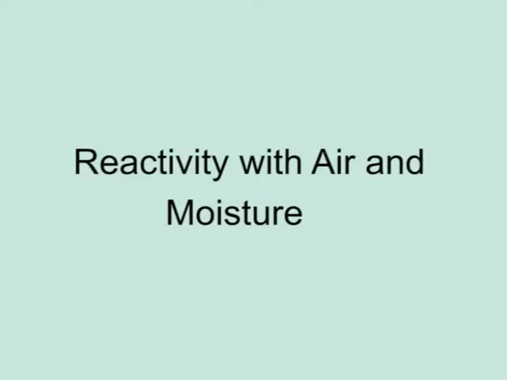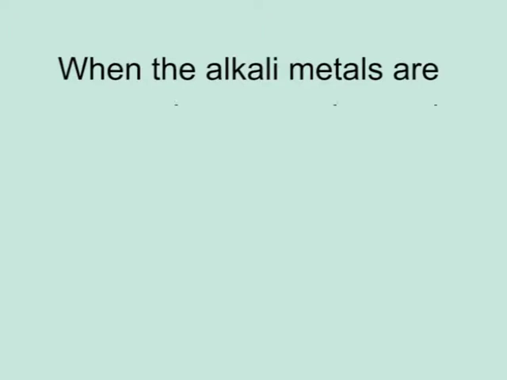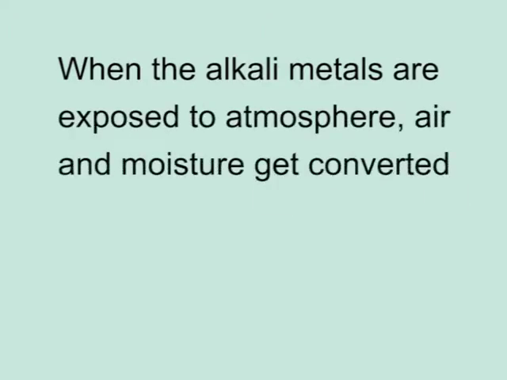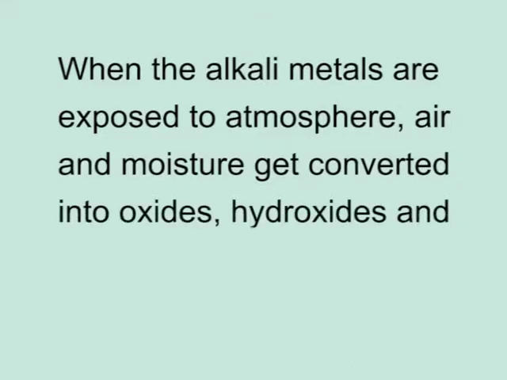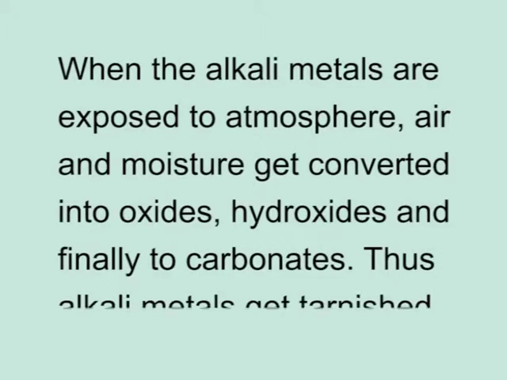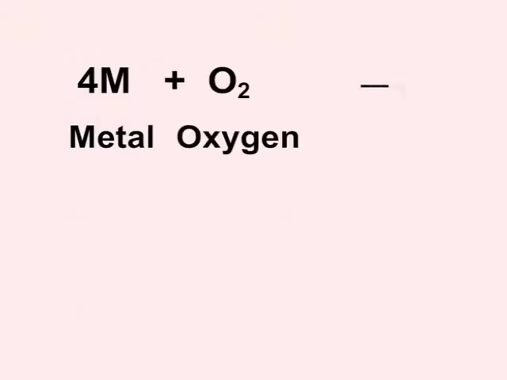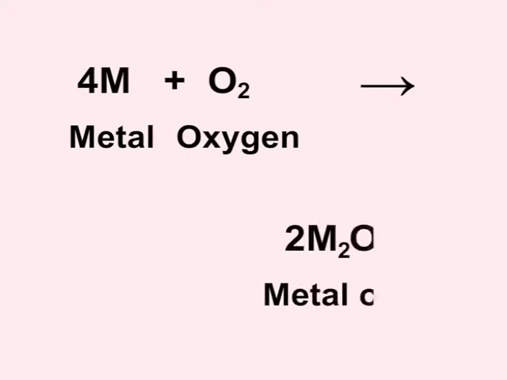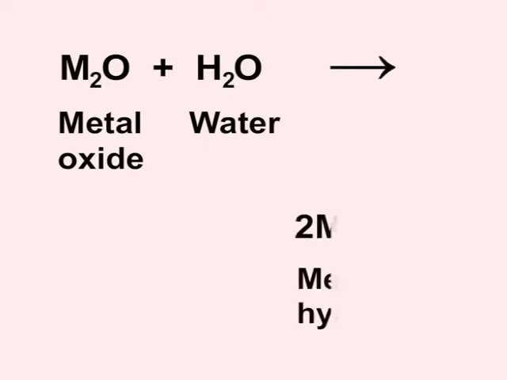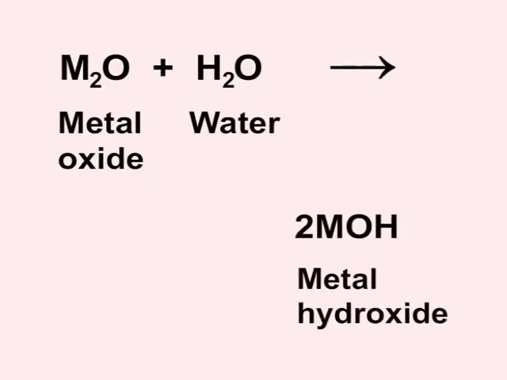Reactivity with air and moisture. When the alkali metals are exposed to atmosphere, air and moisture get converted into oxides, hydroxides and finally to carbonates. Thus, alkali metals get tarnished. Metal reacts with oxygen to form metal oxides. Metal oxide reacts with water to form metal hydroxides.